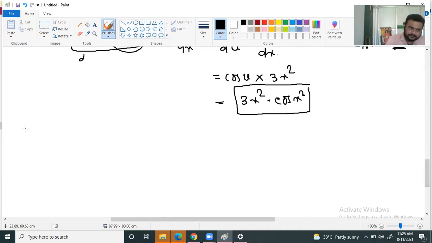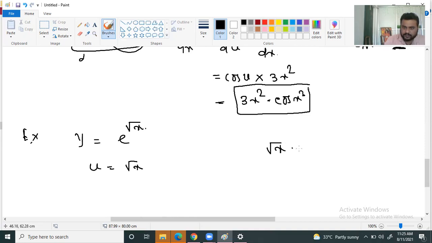Suppose y is equal to e to the power root x. What is our u here? Let's take u is equal to root x. Root x is what?